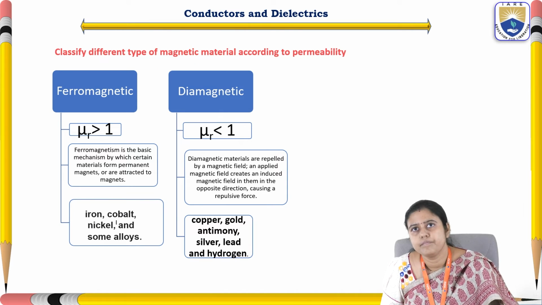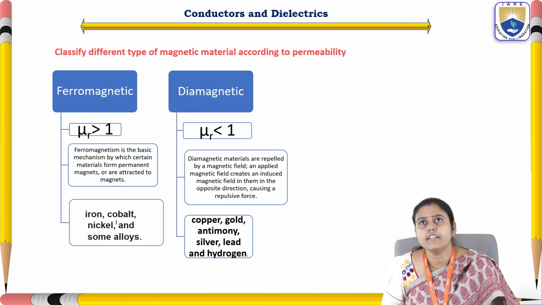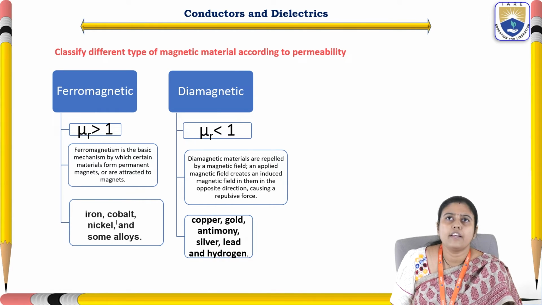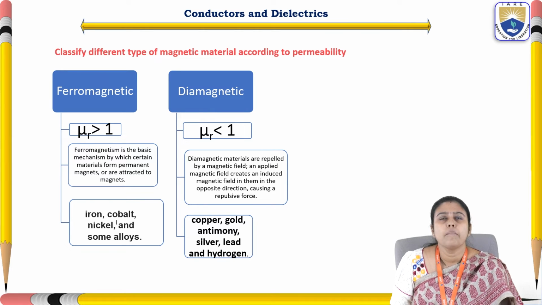Next, classify the different types of magnetic material. As we know, the magnetic materials are basically three types. One is ferromagnetic material, where the relative permeability is very high, greater than 1. If it is very high, we call it ferromagnetic material.